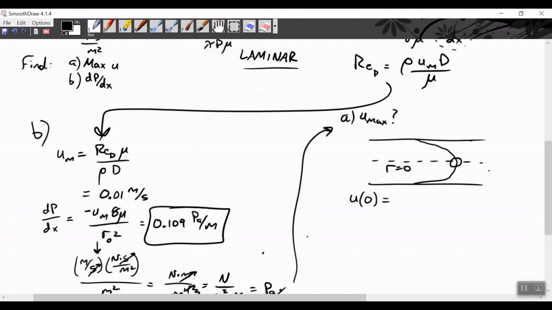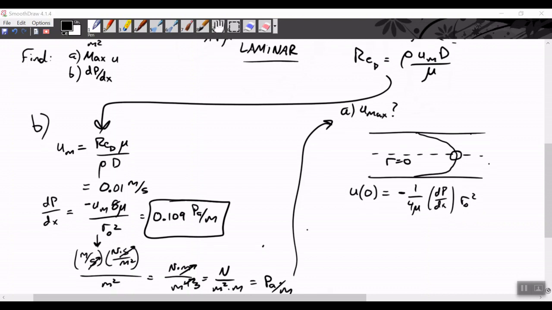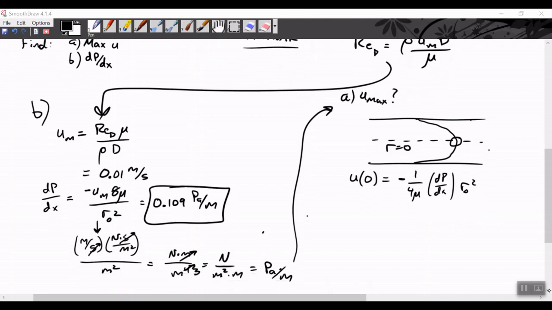So u of r, evaluated at r equals 0, just gives us 1 over 4 times the viscosity times dp dx times r naught squared. Now, something really interesting I just want to point out here.